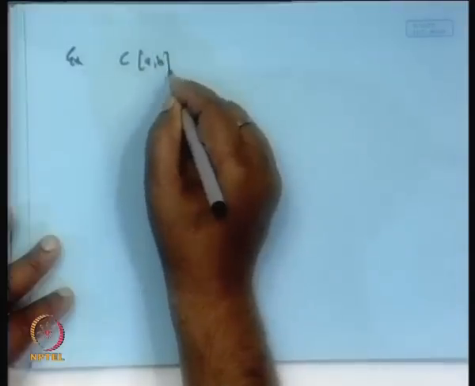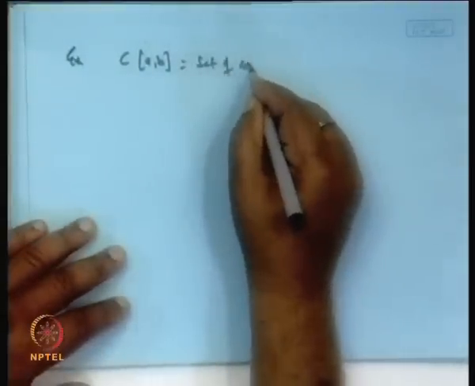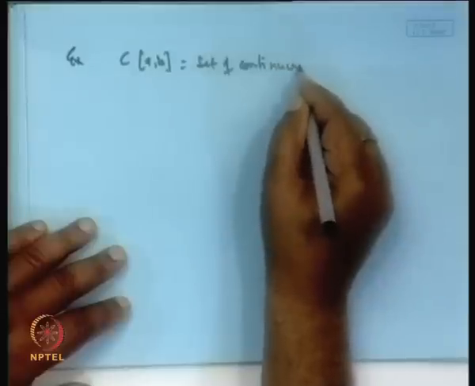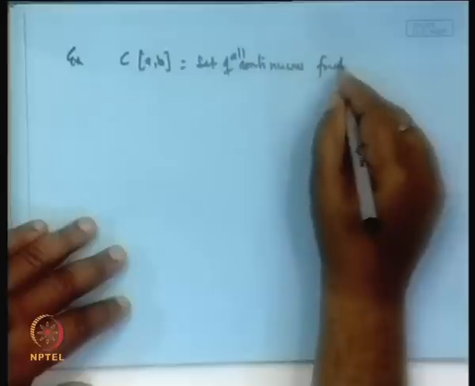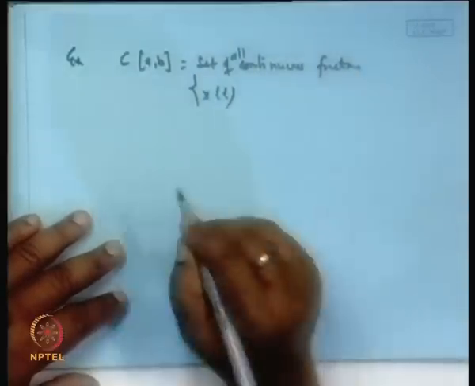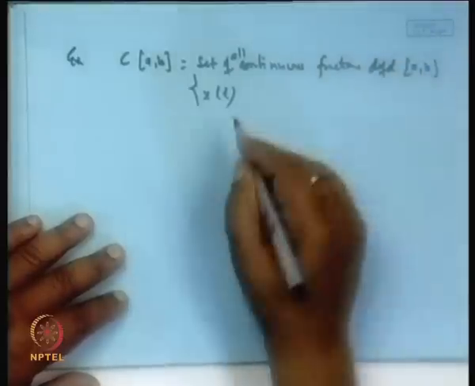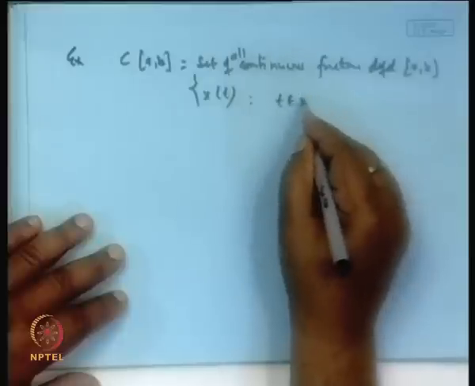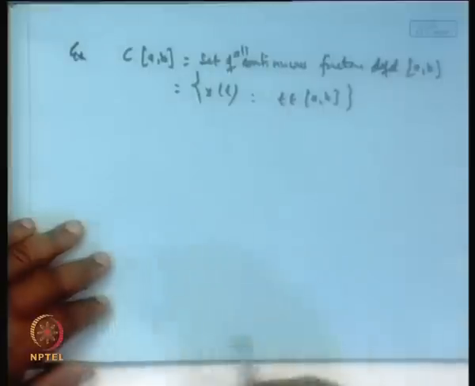For example, if we take C[a,b], the set of all continuous functions x(t) defined over the interval [a,b]. This is our C[a,b].